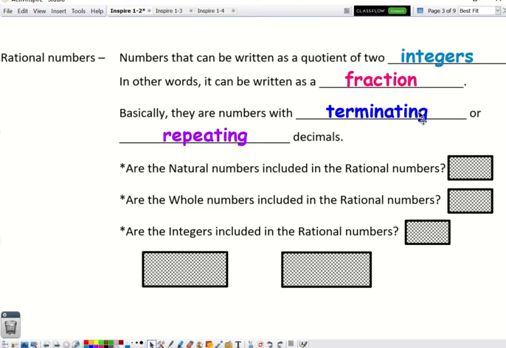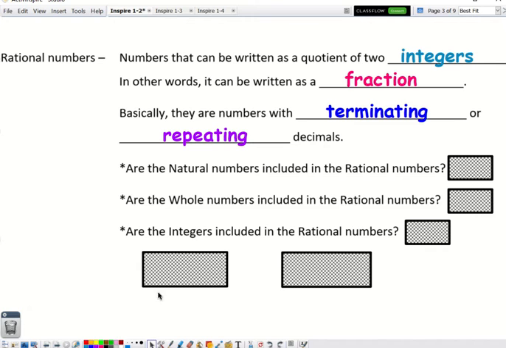So the decimal has to terminate at some point, or it can go on forever as long as it repeats a pattern. Like 0.333 forever, in other words, 0.3 repeating. That repeats a pattern, right? So 0.3 repeating is rational, and you could also prove that by pointing out that you can write it as a fraction. 0.3 repeating is the fraction 1/3.